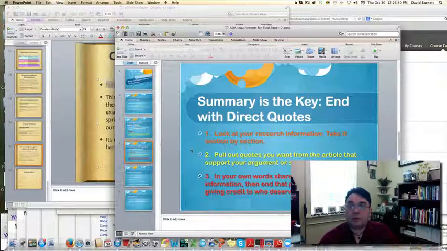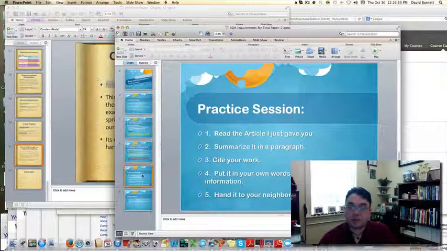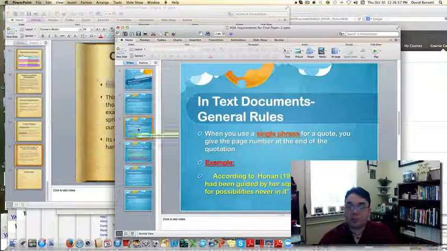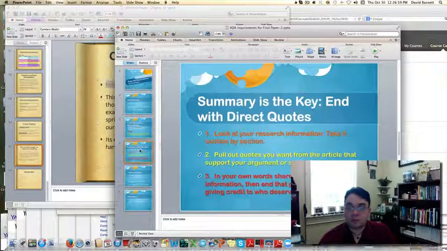Remember summarizing article information. Instead of spewing a whole bunch of statistical information, make it your words, quote them, and summarize their stuff. But at the very end, make sure that you give them their proper citation at the bottom. And let's say this was my paper, it would be Barnett, 2014 at the bottom.